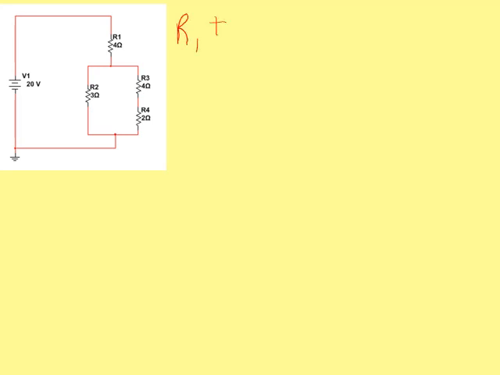R1 plus, which means in series with, we're going to need a double bracket, R2, which is in parallel with, this is our second bracket, R3, in series with R4, and both brackets. Okay, so that's what we're looking at here.